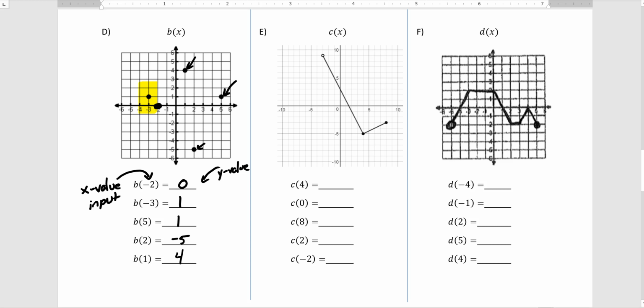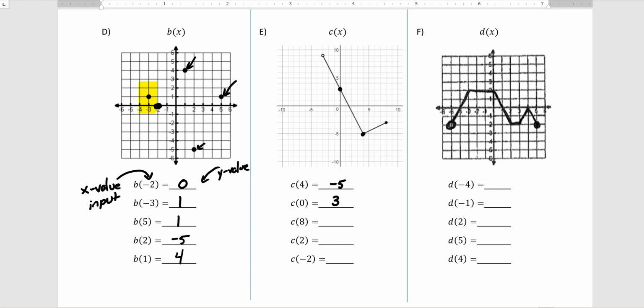So c of 4. I want to find when x is 4, what is y? Well, that would be negative 5. What about c of 0 here? When x is 0, what is y? Well, that looks to be 3. C of 8.